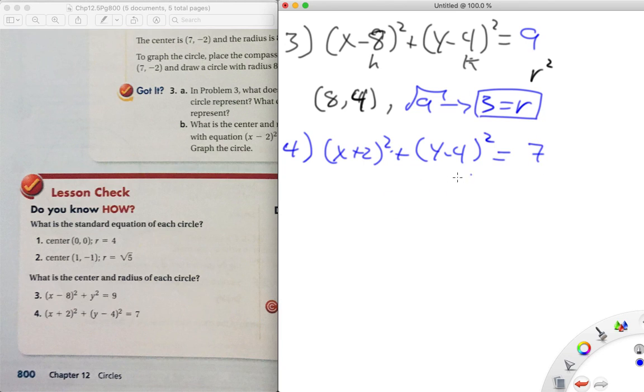Alright. So this x plus 2 is the same thing as saying x minus negative 2. So when I do my center h and k, h is going to be negative 2, and then 4 is going to be k. And then this is going to be square rooted, so my radius is the square root of 7.